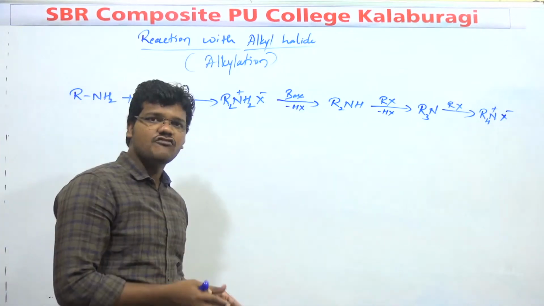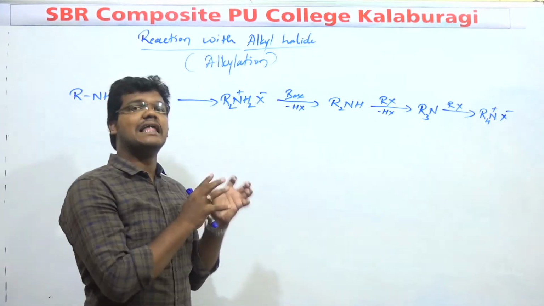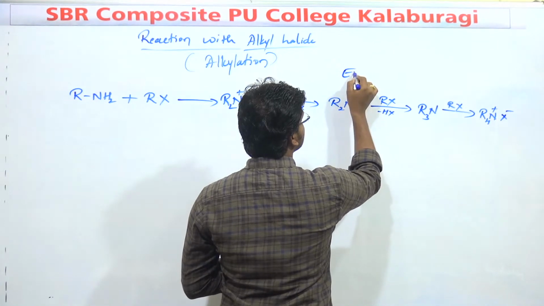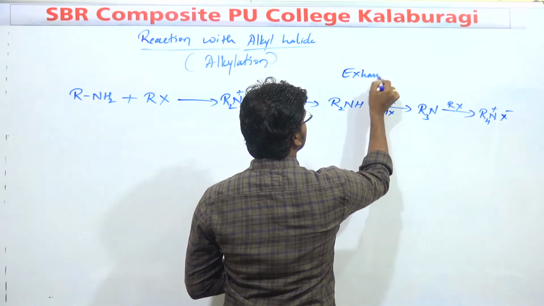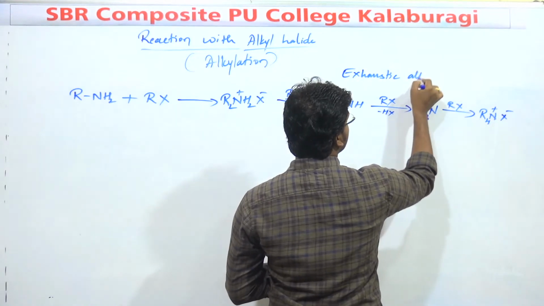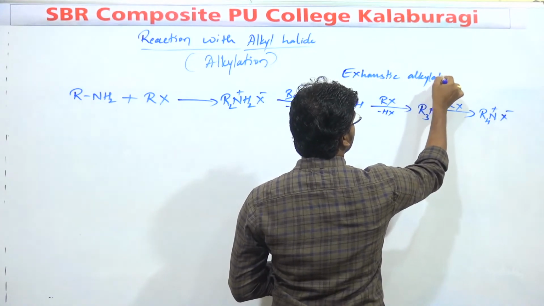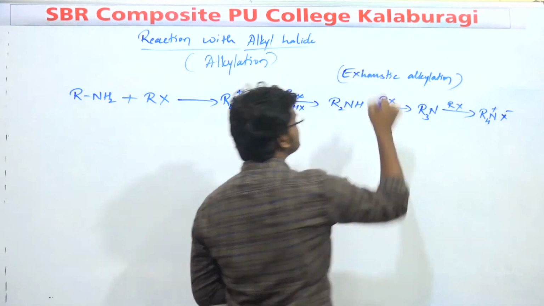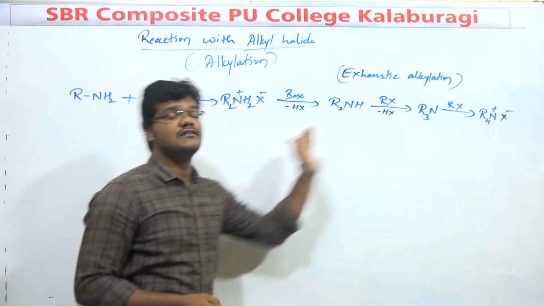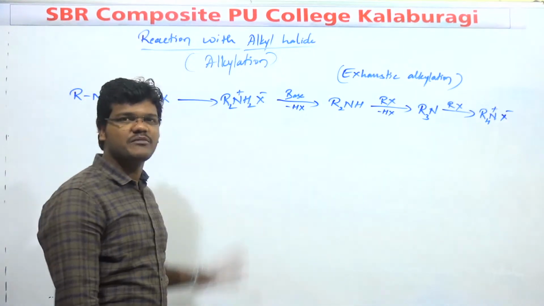So addition of excess alkyl by using alkyl halide is called as what? Exhaustive alkylation, or methylation, if I am adding methyl over here. It is called as what? So addition of alkyl group till you get quaternary ammonium salt from primary.